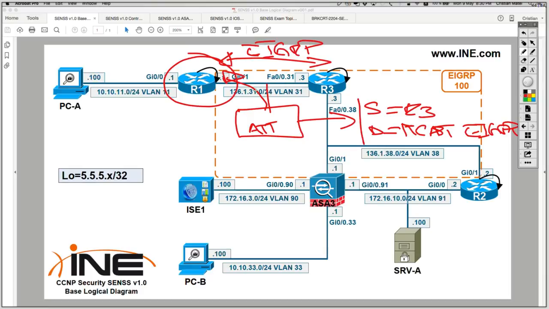So we want to make sure that this attacker cannot inject spoofed packets, which means we're going to make EIGRP authenticated. Because at that point, the attacker also needs to know the authentication key in order to actually send spoofed and erroneous EIGRP packets.